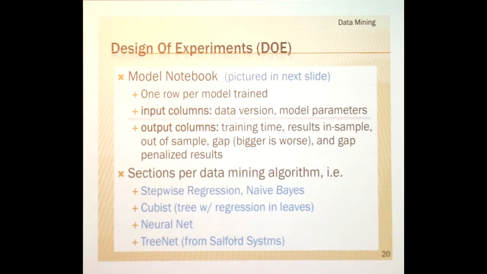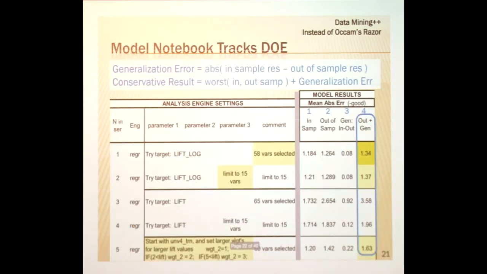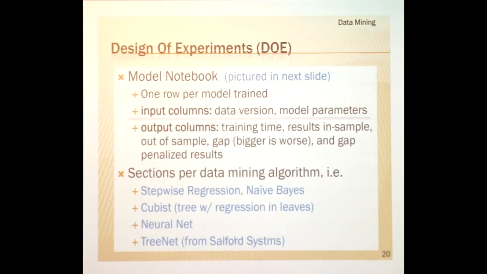So as far as doing the training of the models and automating that, I normally manually go through a process I call the model notebook. I'll have one row per record, where a record is a particular model with a particular set of training parameters and specific input data.